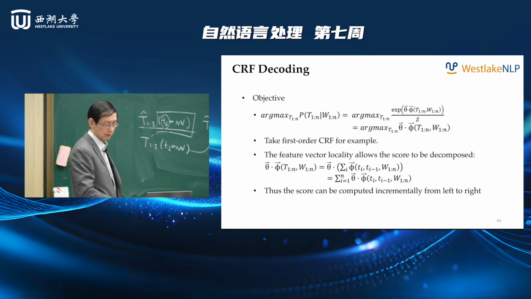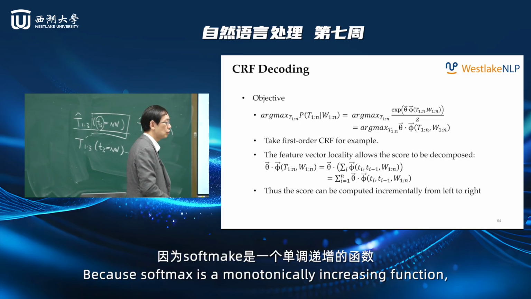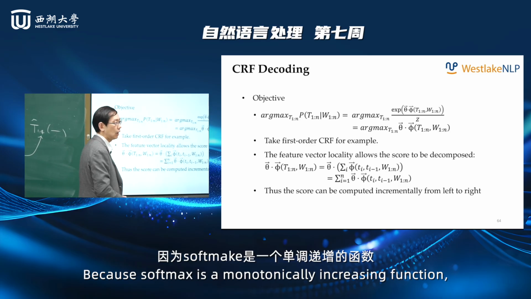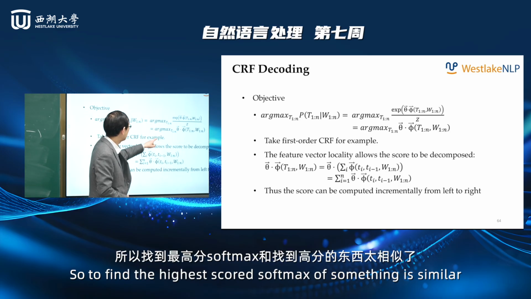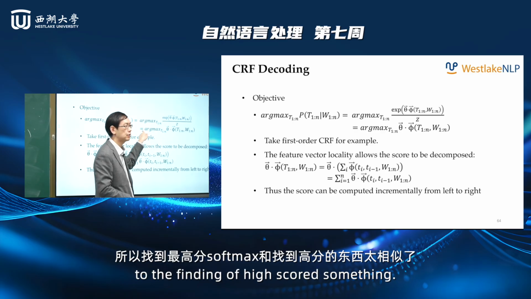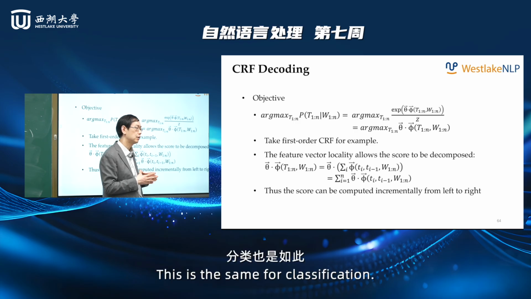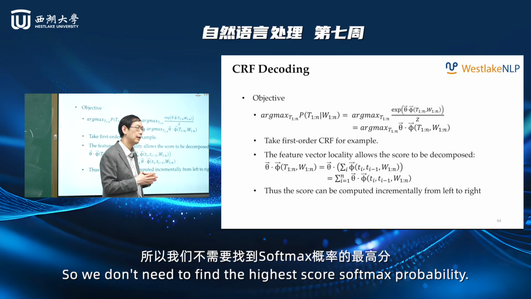Well, you know, because softmax is a monotonically increasing function, to find the highest scored softmax of something is similar to finding the highest scored something. This is the same for classification. So we don't need to find the highest scored softmax probability.